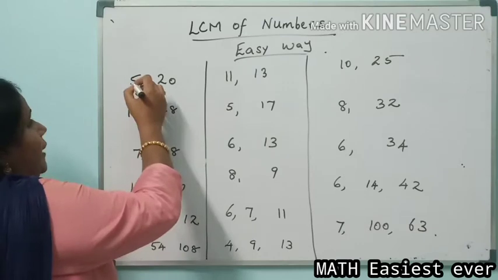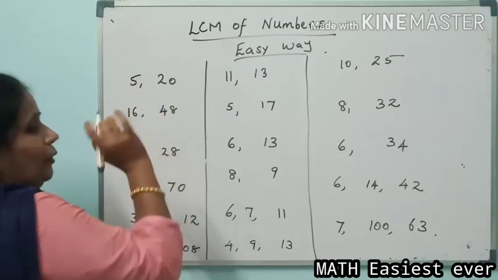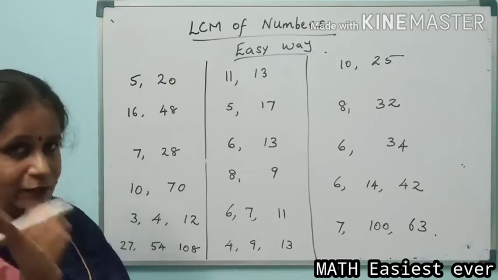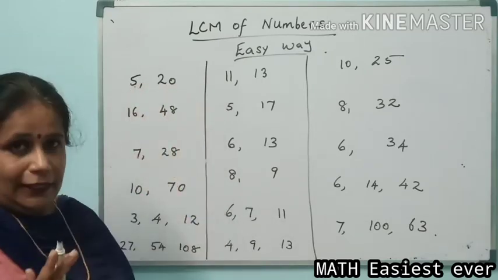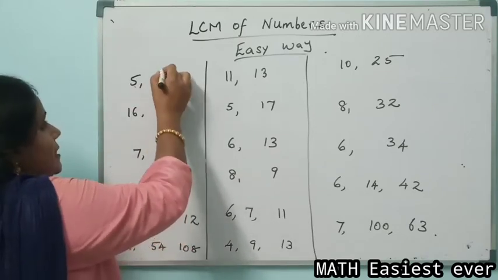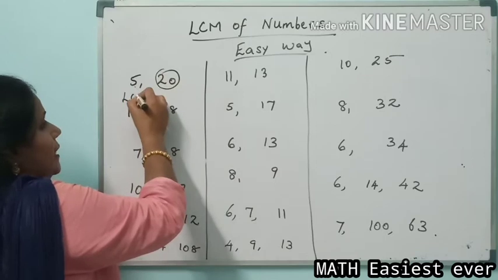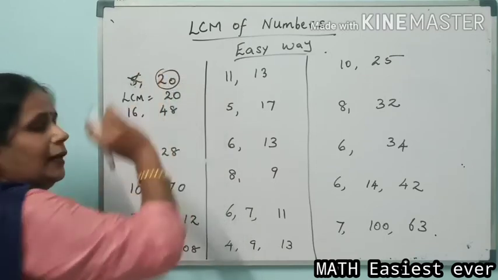Now, I told you 5 divides 20 completely. So when you see numbers of such type, when the smaller number divides the bigger number completely, the LCM of those numbers will be the bigger number.